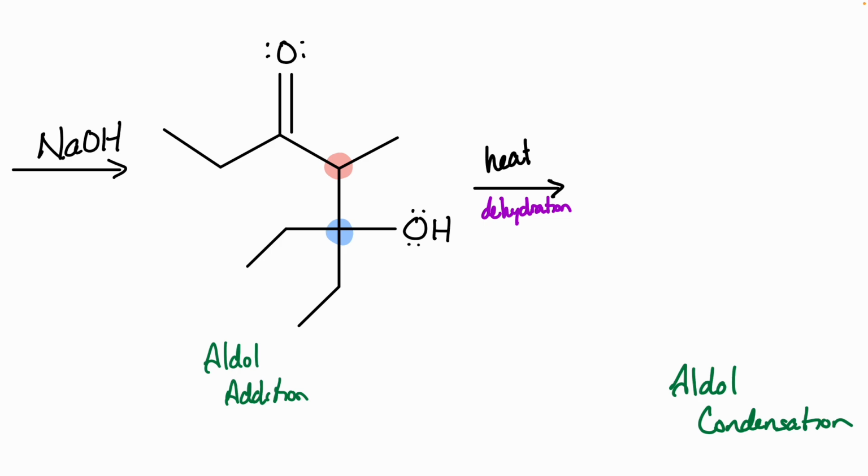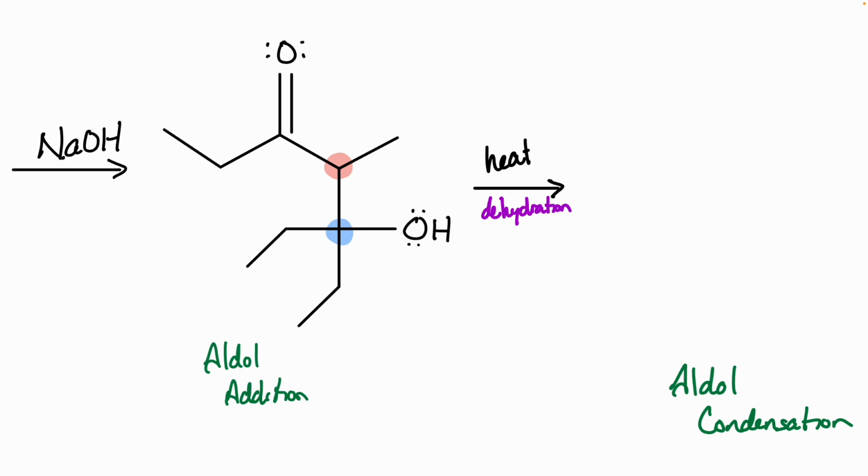That carbon-carbon double bond is going to form in a very specific place. This alcohol is going to dehydrate in a very specific direction, and that is between our two new carbons, on our new carbon-carbon double bond.